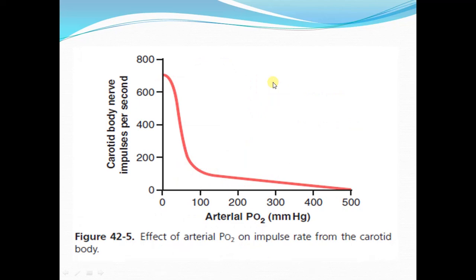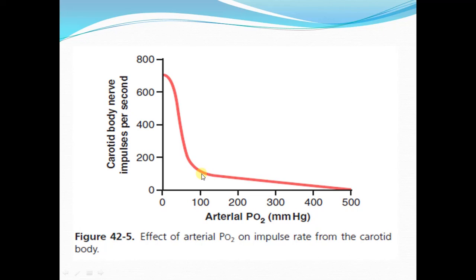Now, this graph shows us the effect of a fall in the partial pressure of oxygen in the arterial blood on the rate of stimulation of the carotid chemoreceptors. At 100 millimeter of mercury, the rate of discharge of impulses by the carotid chemoreceptors is very low.